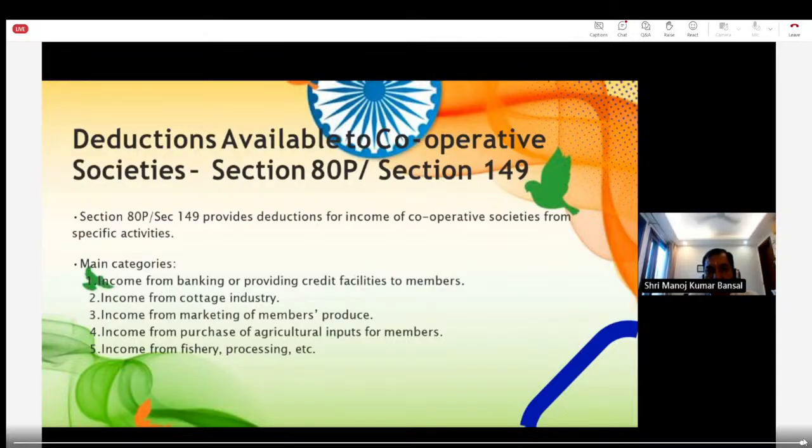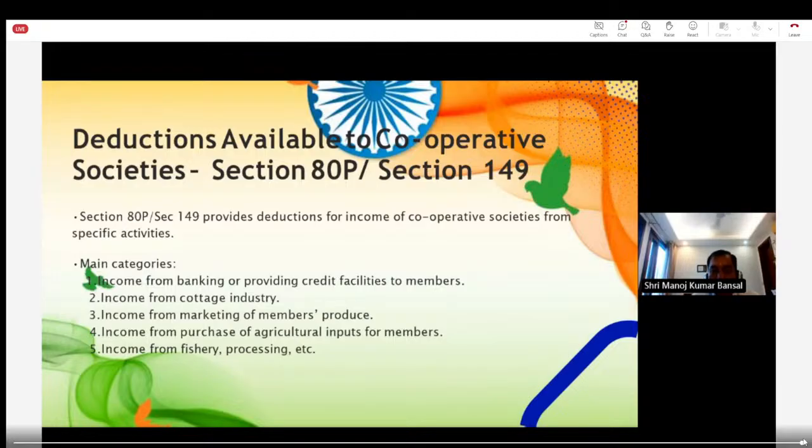Now I am going with Section 80P, which is the most important and most creamy section for the cooperative societies. I just want to add something that there are cooperative societies doing robust business, just like Gujarat Cooperative Milk Federation.